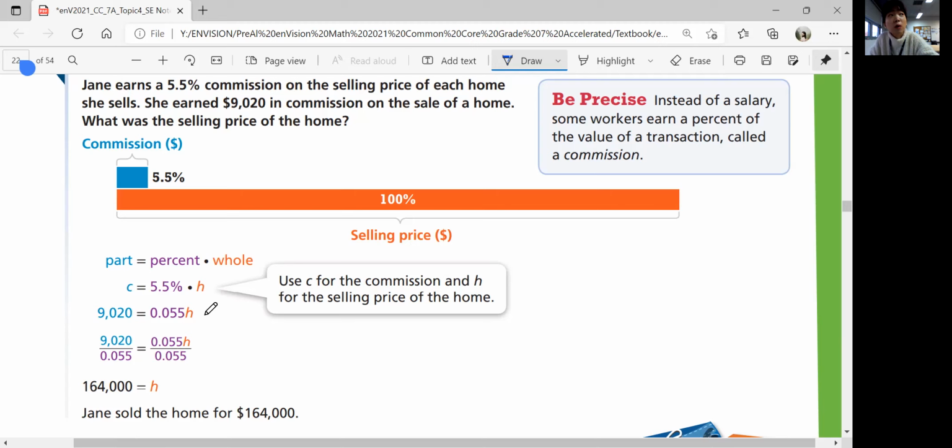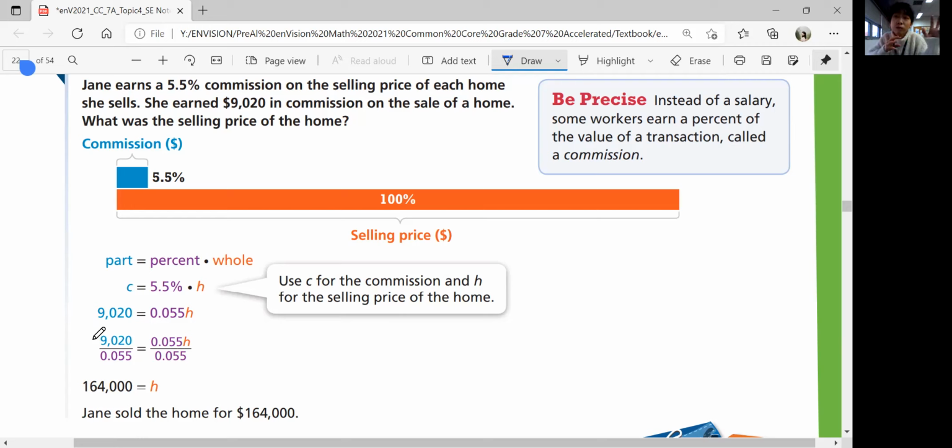So figure out the whole by dividing by the decimal 0.055 on both sides. 9,020 divided by 0.055 is going to be 164,000. Okay, so when you divide by a decimal less than 1 and greater than 0, of course you're going to get a bigger number, because that's like dividing by a smaller fraction than 1.